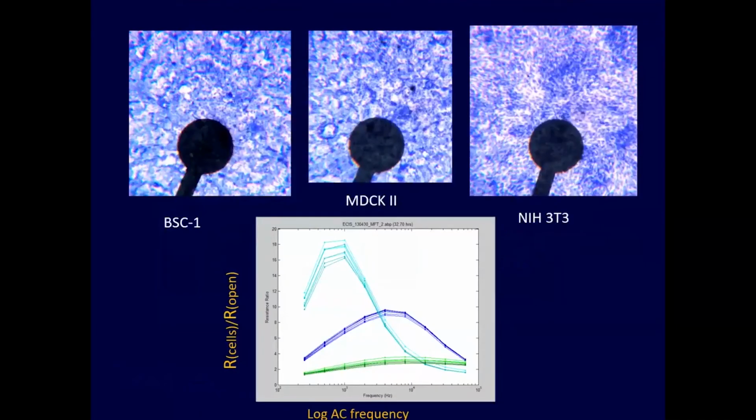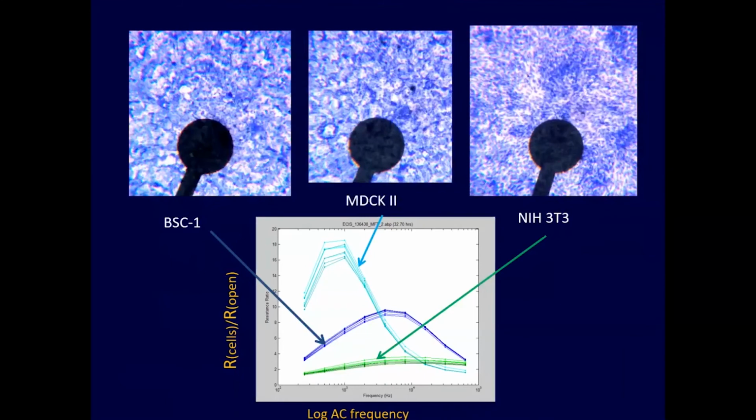We have three different cell types. The African green monkey kidney cell, which doesn't really form a tight junction, MDCK type 2, which have tight junctions, and the NIH 3T3 fibroblast. If we monitor these at different AC frequencies and plot out the resistance with cells to that of the open electrode, each cell will have a characteristic signature.